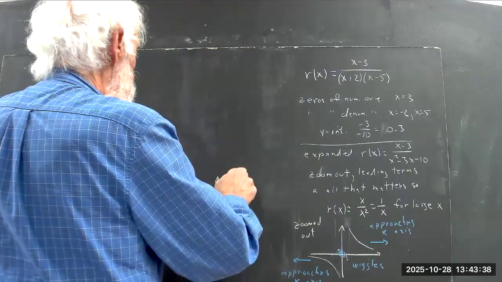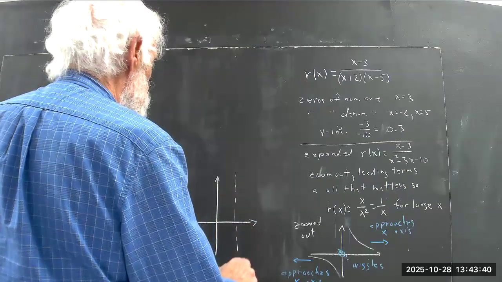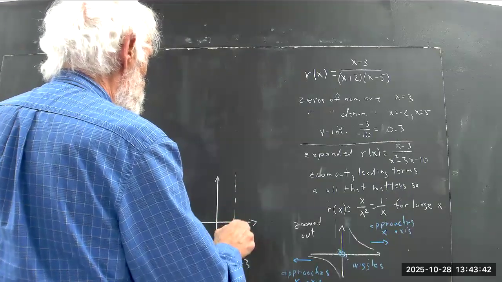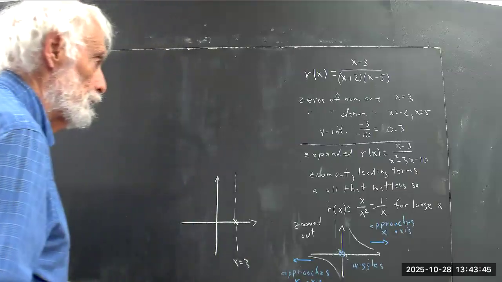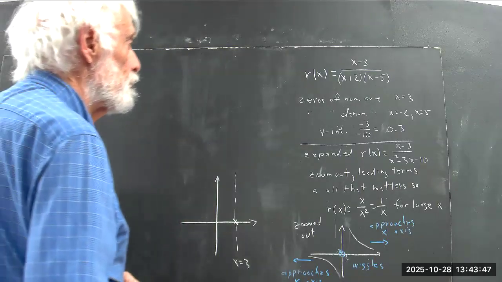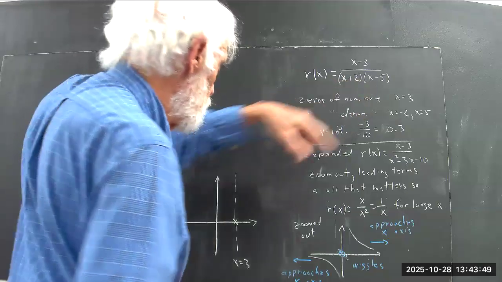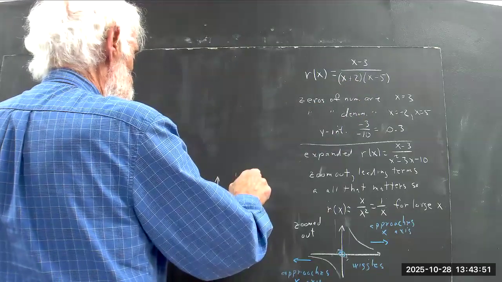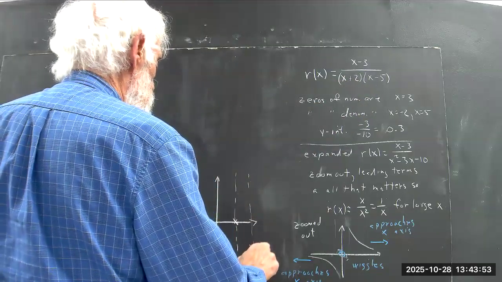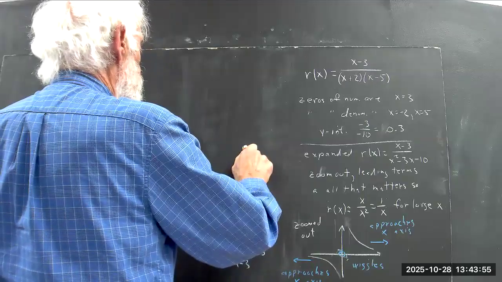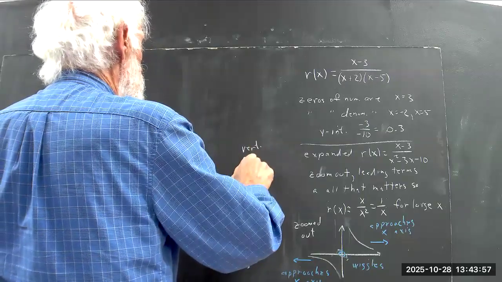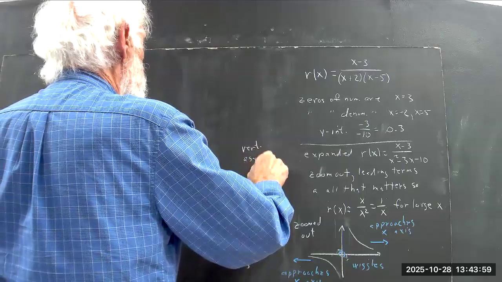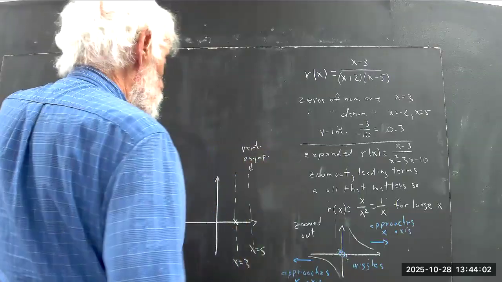At x equals 3, we have this. At x equals 5, we have a vertical asymptote.